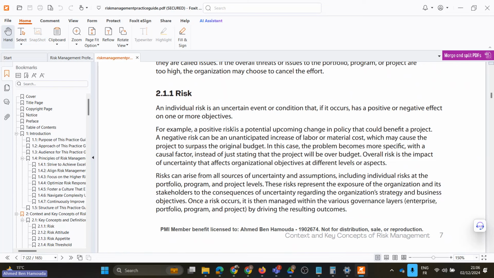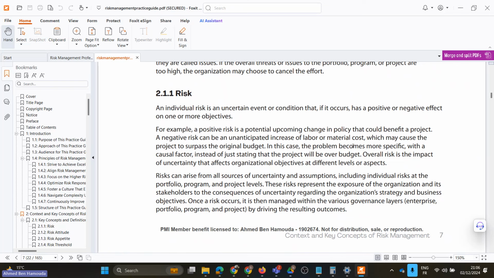Now, for example, a positive risk, which is an opportunity, is a potential upcoming change in a policy that could benefit a project. However, a negative risk can be described as an unanticipated increase of labor cost or material cost, which may cause the project to surpass the original baseline budget.